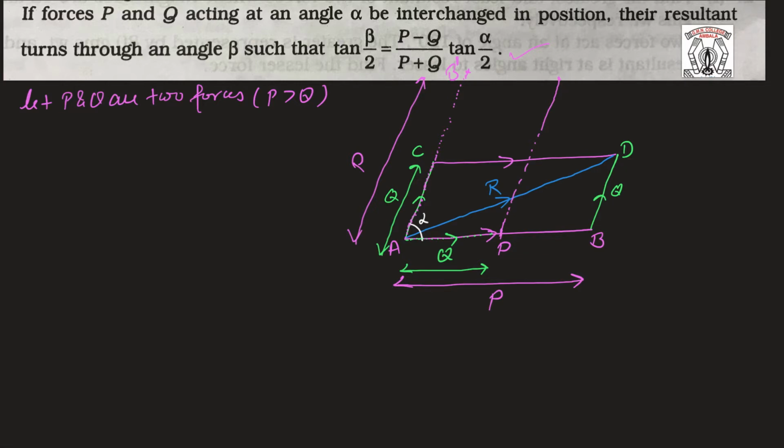Okay, this will become D dash. So now join it. Now you will draw the resultant.